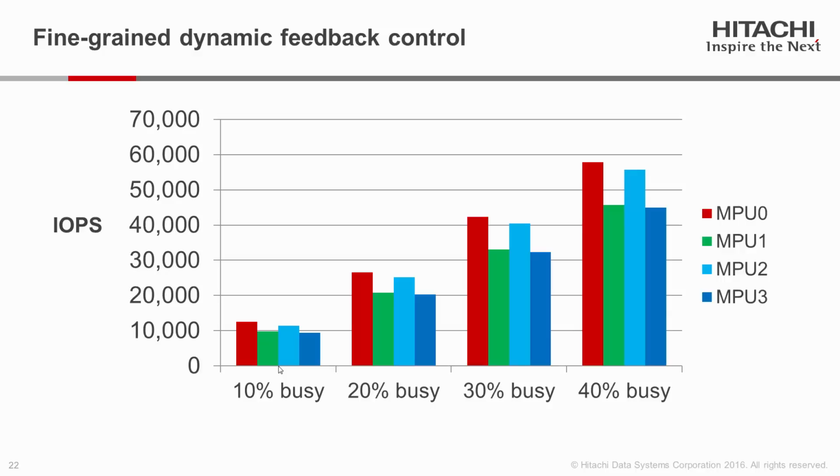Each of the MPUs had its own dialed-in IOPS going up and down to make that MPU hit 10% busy. So each of these column groups represents a single test run, and we ran at 10%, 20%, 30%, and 40% busy. And then we can show you here that the ratio, the average amount of processor busy time per I/O, was different on the 4 MPUs.